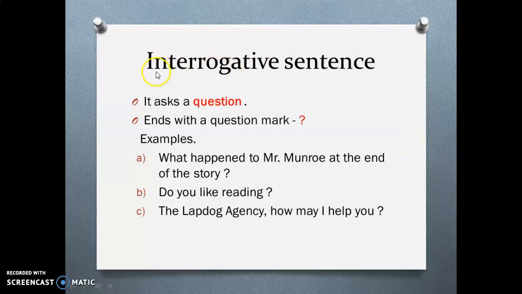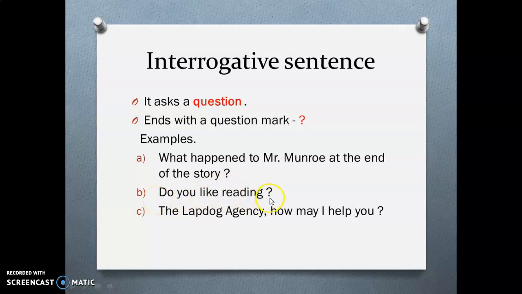3. Interrogative sentences. These are sentences that will ask a question, and they will always end with a question mark. For example, what happened to Mr. Monroe at the end of the story? It is a question ending with a question mark.